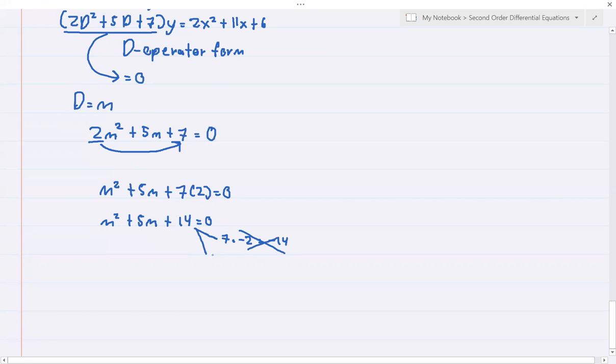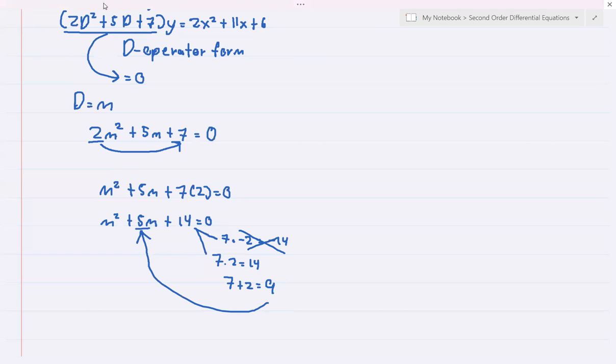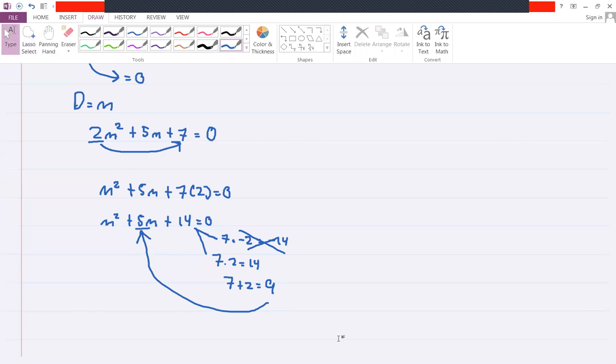If I have 7 times 2, I will have the product of 14. But if I add 7 and 2, I will have 9 as a result. So 9 is not equal to 5. So meaning, this is not factorable.